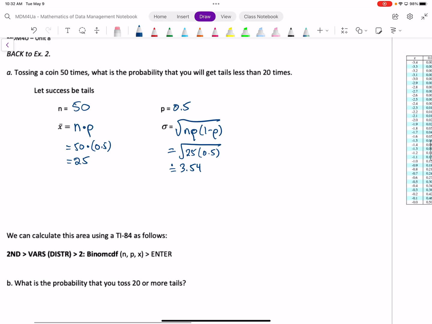I want to show you how to do this using the z-score, but ultimately you're going to use your calculator to try to figure this out. The z-score, if I wanted the probability that x is less than 20, if it's less than 20, do I include 20 in the calculation?